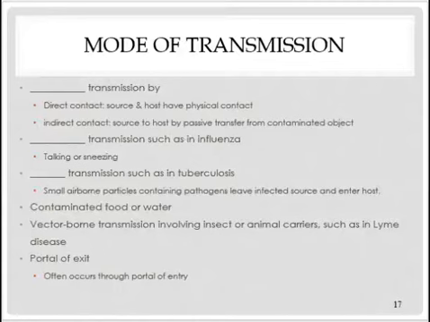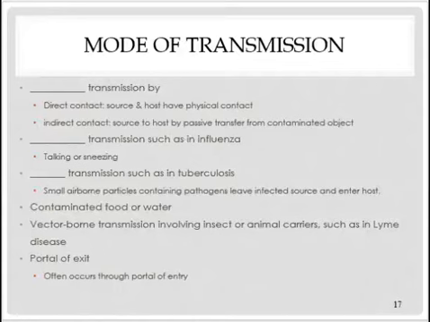Microorganisms are transmitted by several routes, such as contact transmission, either direct contact, where the source and host have physical contact, or indirect contact, where microorganisms pass from the source to the host by passive transfer from a contaminated object.